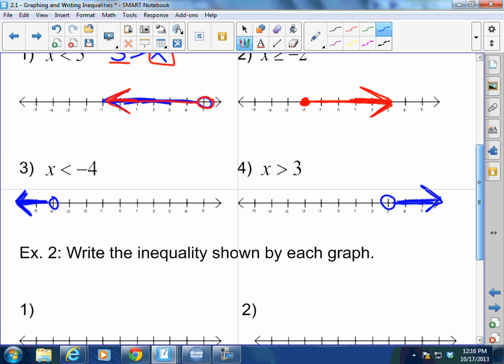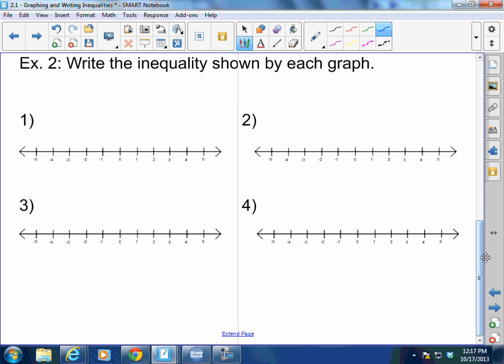Very good. Excellent. Now, I'm going to write some inequalities for you. You guys write them down, and then I want you to give me the actual inequality. Okay, I'm going to write the graph. It's on the negative 2, open circle, going to the right. For number 2, it's closed circle on the negative 1, going to the left.